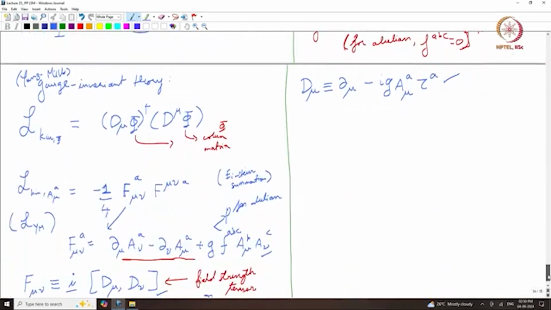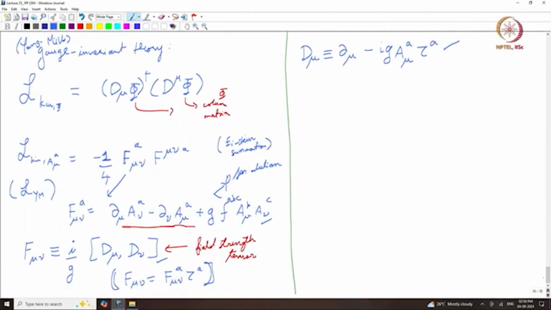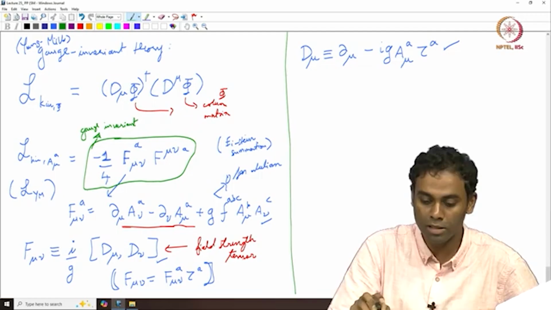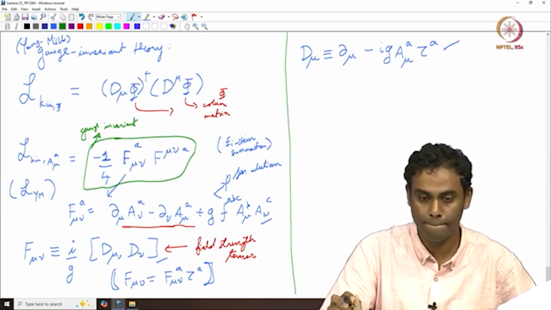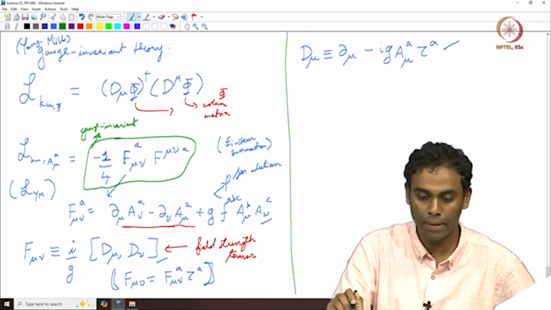What is not very easy to see is that this term is gauge invariant. It is indeed gauge invariant, and this you can check for yourself. This is not very trivial, but go do this. See for yourself that this is indeed a gauge invariant term under the gauge transformations that we just wrote down.